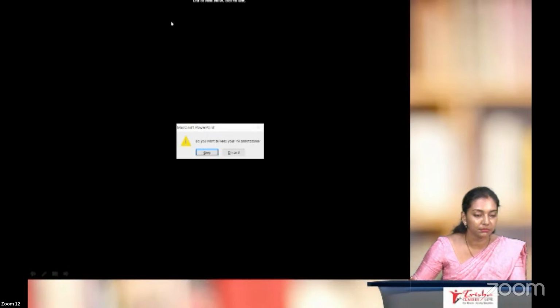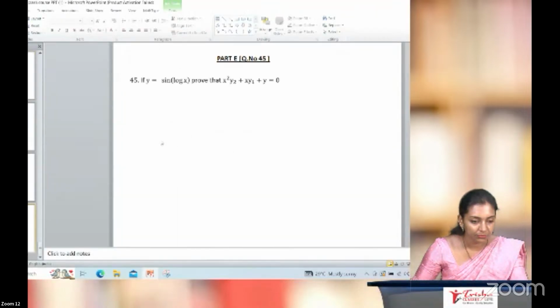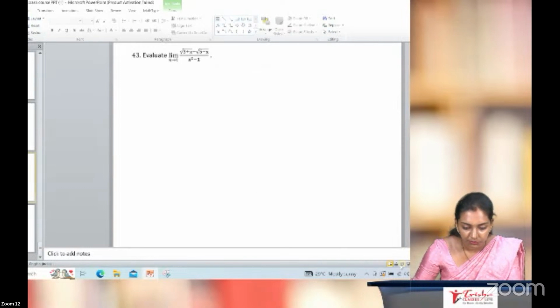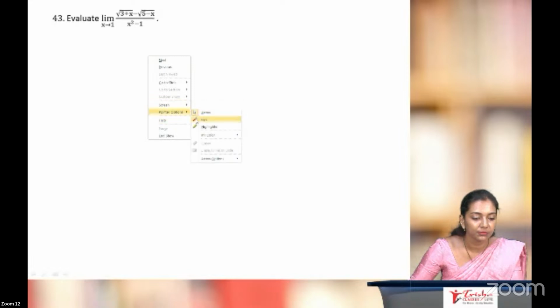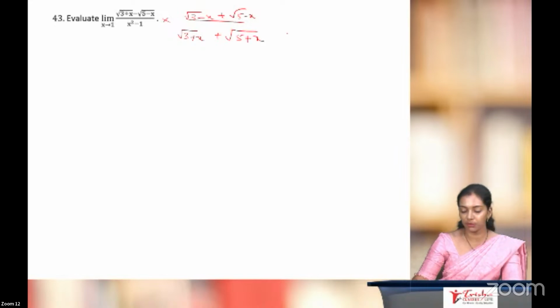You have to rationalize with the numerator: root 3 minus x plus root 5 minus x divided by root 3 plus x plus root 5 plus x. So you have to simplify this.